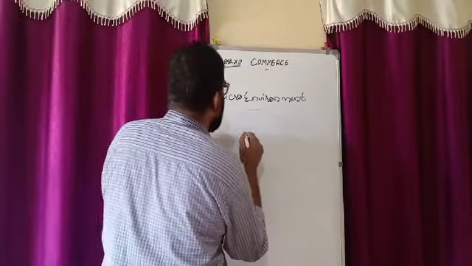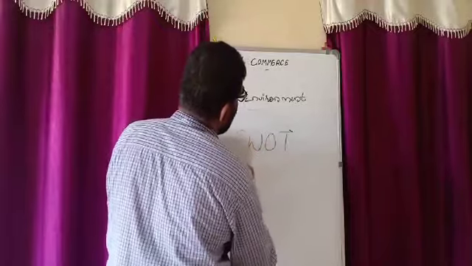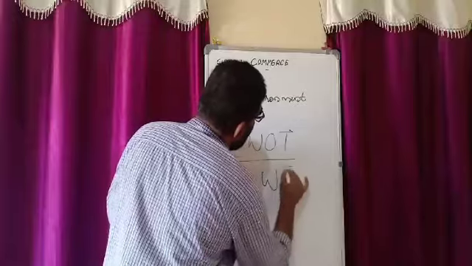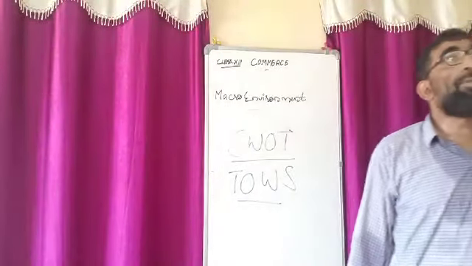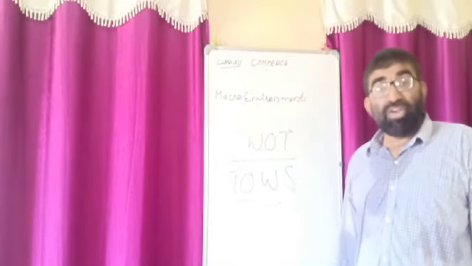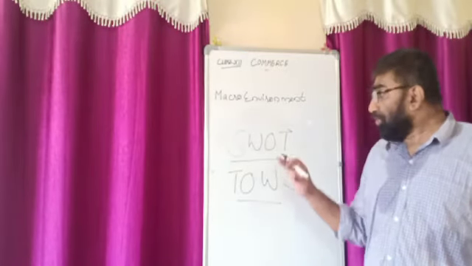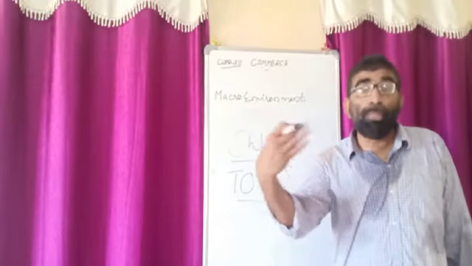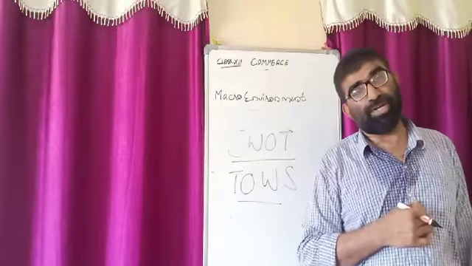This one is SWOT analysis. SWOT. It can be read as TOS. So you remember we have discussed the environmental scanning. It is a systematic approach to find out the threats, opportunities, weaknesses and strengths in the business environment.